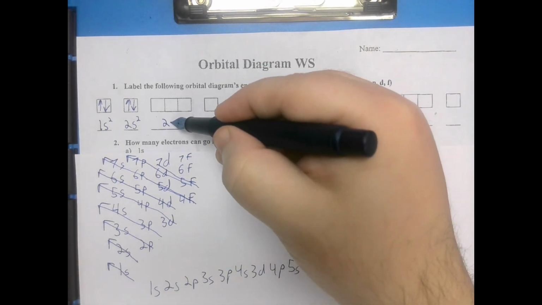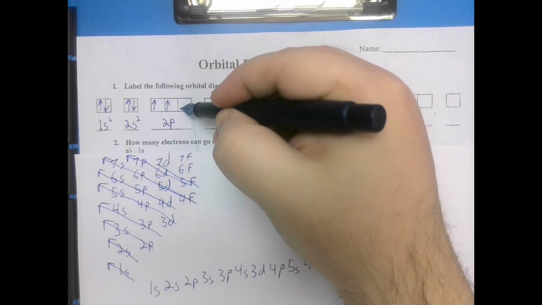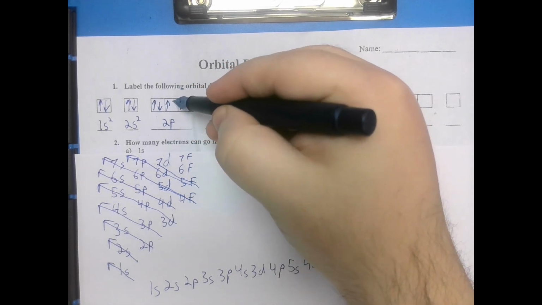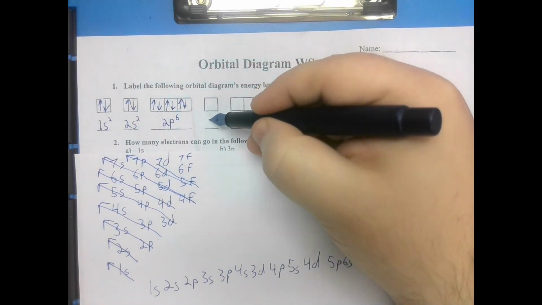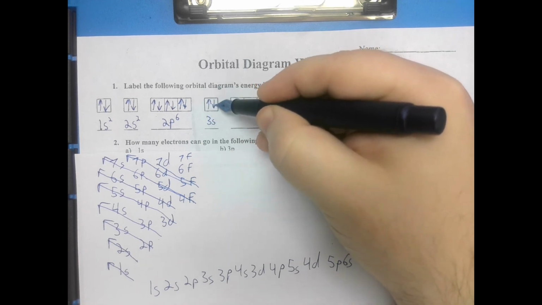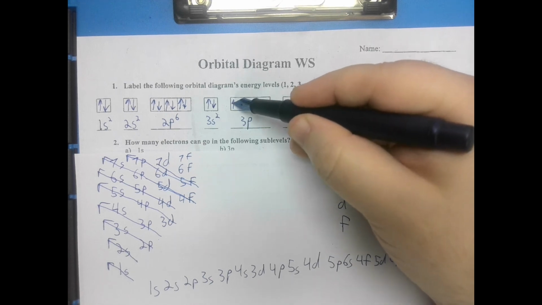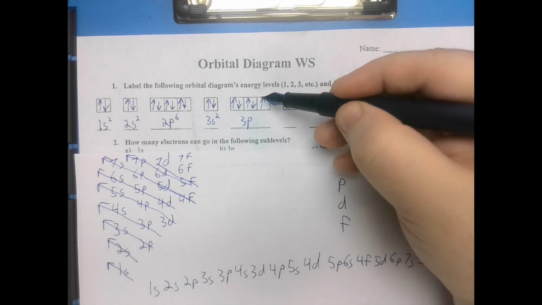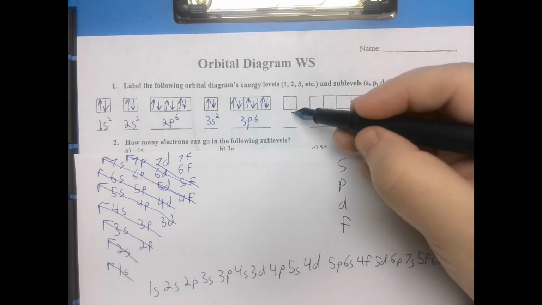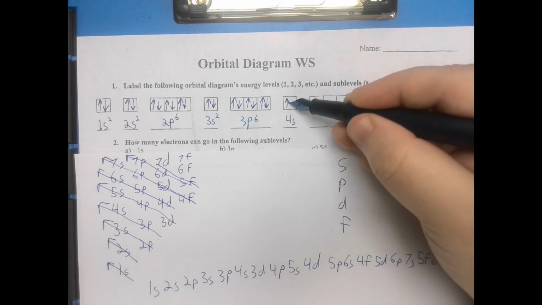Next will be 2P. So we fill ups first, then downs, giving us 6 in total. Next is 3S. So I have it up and down, making it 2. Then 3P, ups first, then downs, giving us 6 in total. Then we have 4S with an up and down.